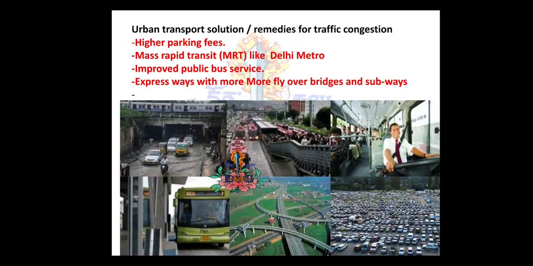We can make higher parking fees, mostly for private vehicles, in order to minimize the traffic problems in towns and cities. And we have to develop mass rapid transit like Delhi Metro. Delhi Metro is an example of mass rapid transit.